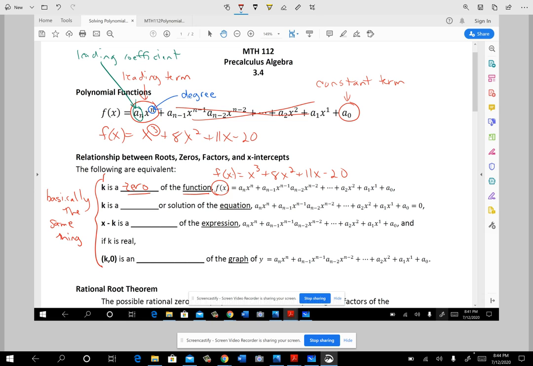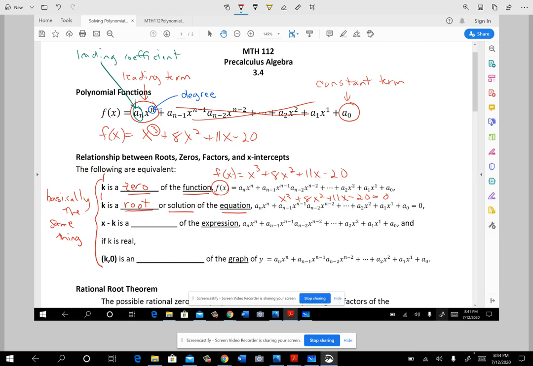But if 1 is a 0, then 1 is called a root, okay, or solution of the equation. And instead of using function notation, we just write x to the third plus 8x squared plus 11x minus 20 equals 0.